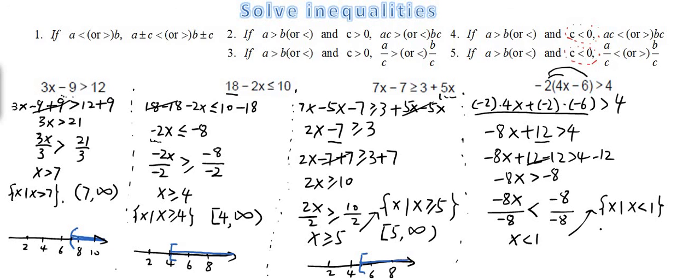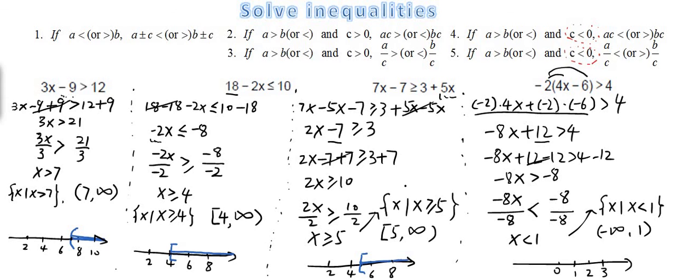Or we can write it down as the interval notation. That should be from negative infinity to 1. And be careful, we're going to use a round bracket because here we don't have equal to. So now we can draw the graph.